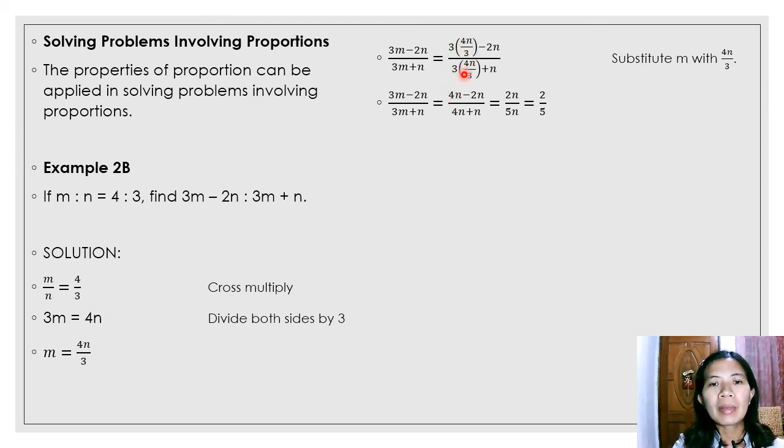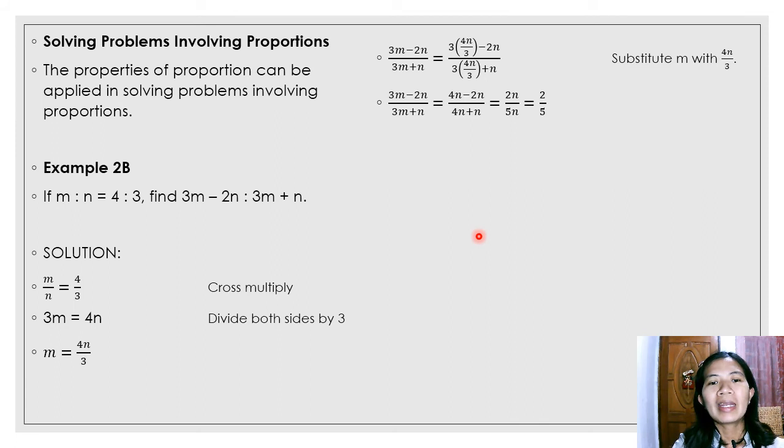The same goes for the other term. So this is now the simplified form: 4n minus 2n all over 4n plus n. Then combine like terms: 4n minus 2n equals 2n, all over 4n plus n equals 5n.